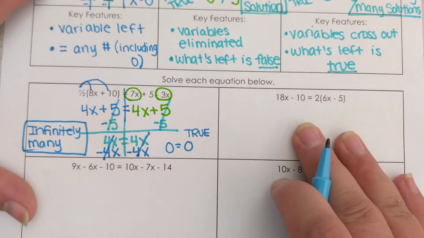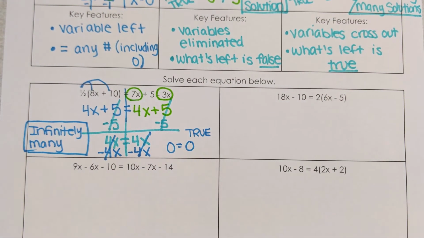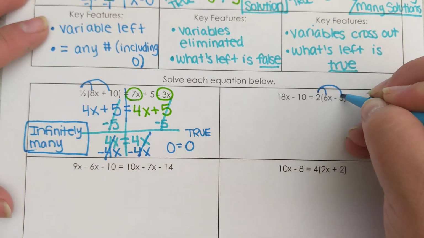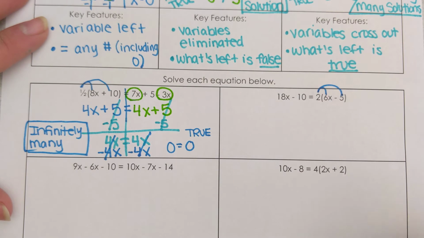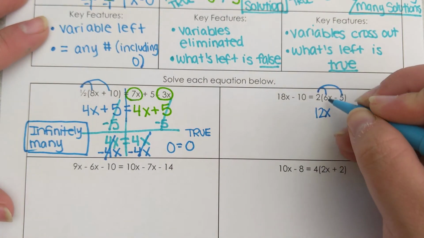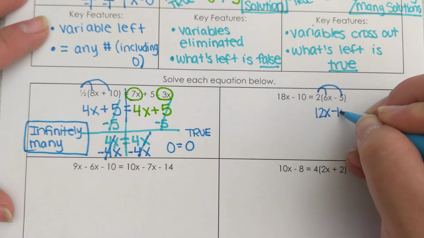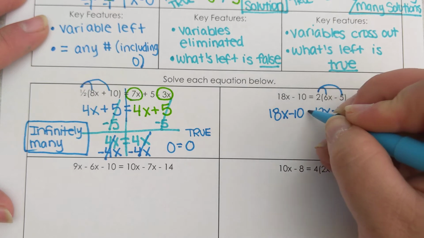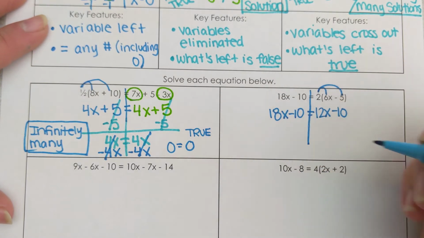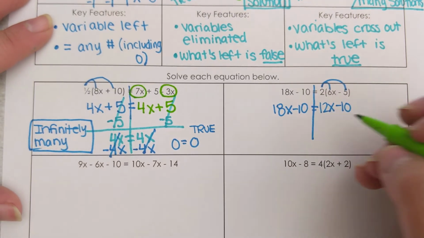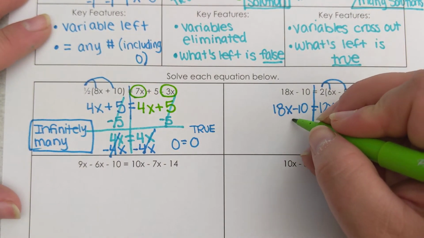Okay, then I'm going to come over here and solve the next one. I'm looking to see if there's a number in front of a parentheses, and there is, so I have to multiply these by 2. Always look for the parentheses first. 2 times 6x is 12x. 2 times negative 5 is negative 10. And then the other side just stays the same. Then I want to get rid of this, so I'm going to add 10.